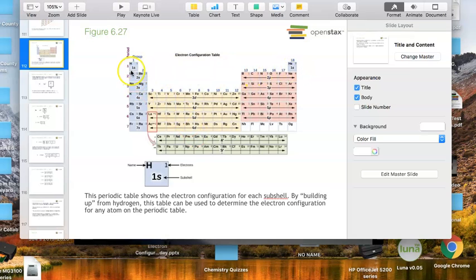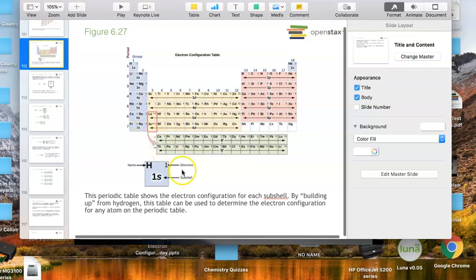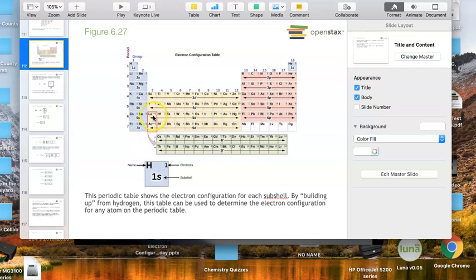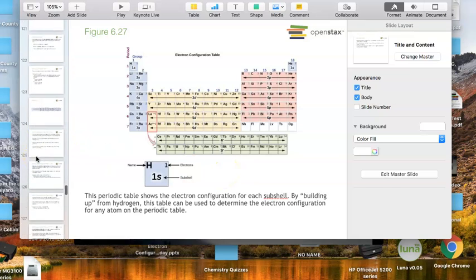So 1s2, 2s2, 2p6, 3s2, 3p6, 4s2, 3d10, 4p6, 5s2, 4d10, 5p6, 6s2, okay, and then we go 6s2, 4f, 4f5, 4f6, and that would be the ground state for samarium.